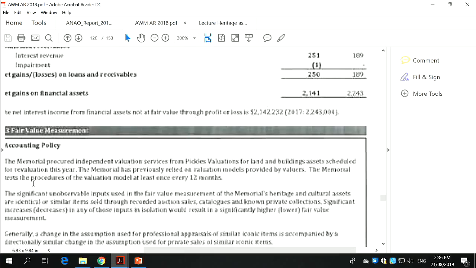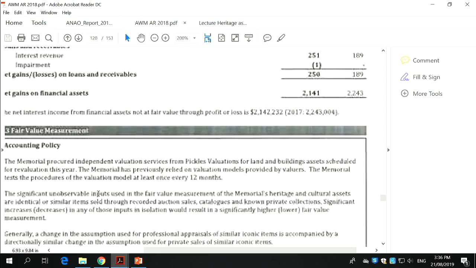I want to show you how they really put the fair value onto it, but this is not very clear. It says it's based on identical items.